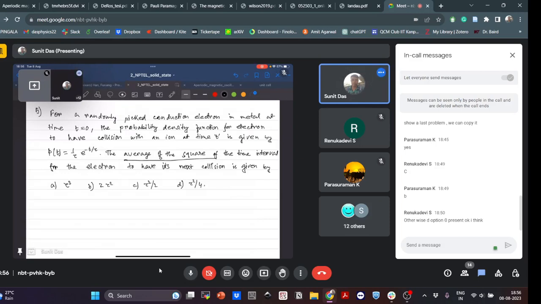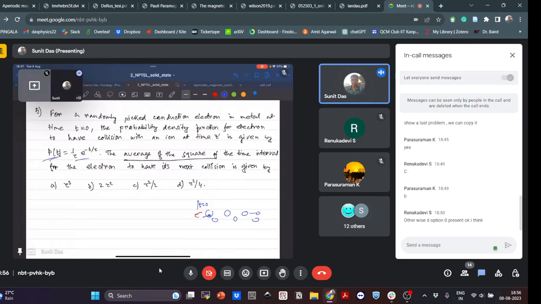So the picture is something like this. There are billions of ions in the metal, let's say, and there is one electron or many others, but let's focus on one electron, and it starts its journey from here at t equal to 0, and the probability that it will collide at time t with some ion, let's say this one, is this p of t function.